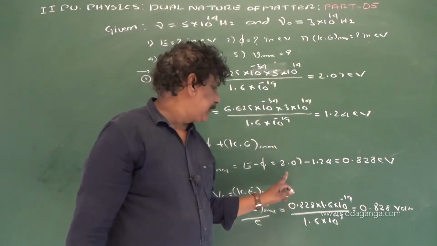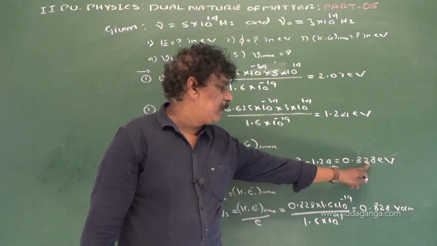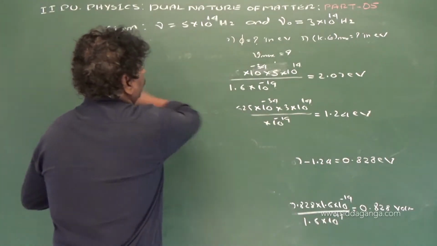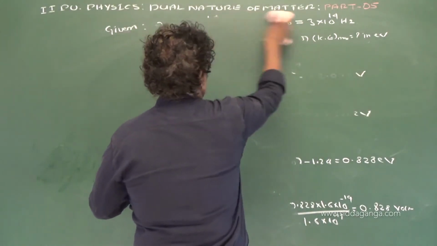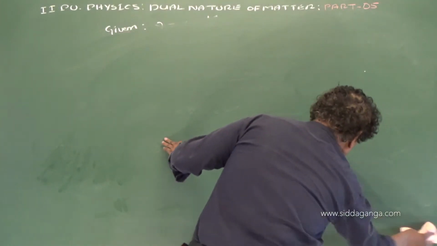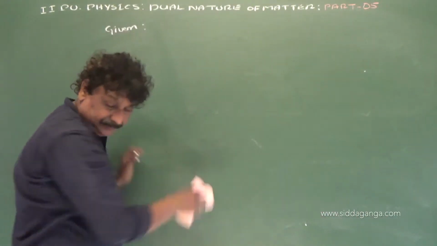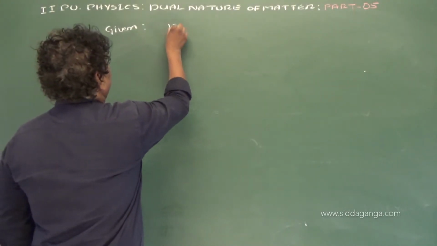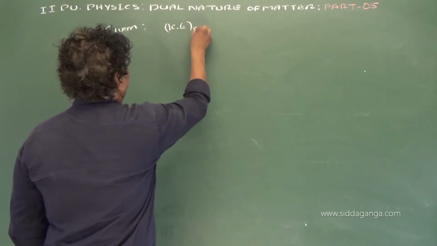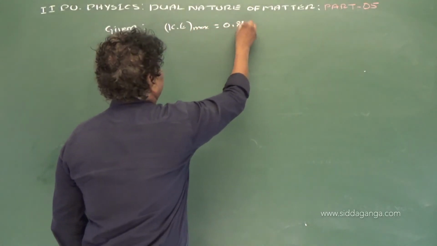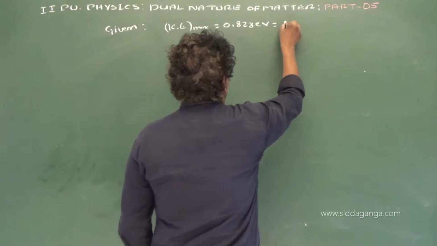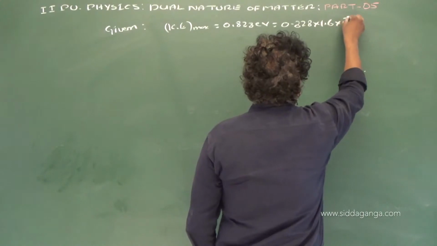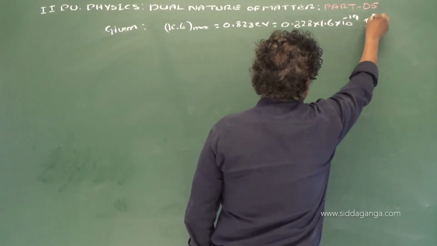See here, the kinetic energy is 0.828 eV. Now we have kinetic energy maximum equal to 0.828 eV, that is equal to 0.828 into 1.6 into 10 power minus 19 joule.